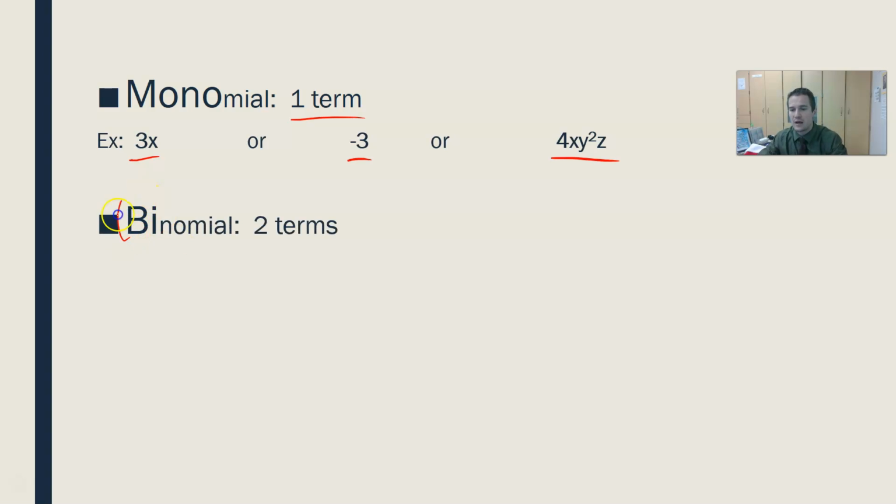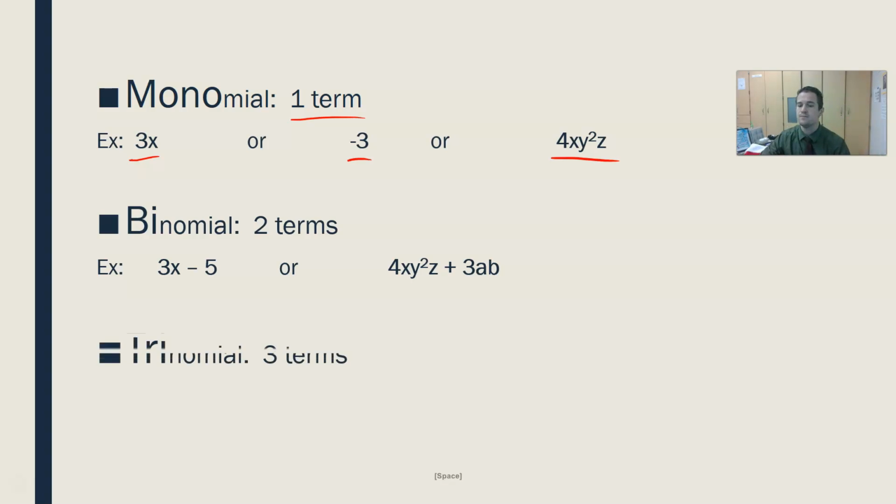A binomial, like bicycle or bifocals, has 2 terms. So 2 terms separated by a plus or minus sign. So 3x minus 5 would be a binomial. 4xy squared z plus 3ab would be a binomial because I have 2 terms being added or subtracted together. And then a trinomial, like tricycle or trifecta, has 3 terms. So 3 terms separated by addition or subtraction.